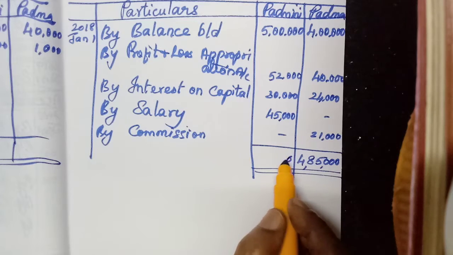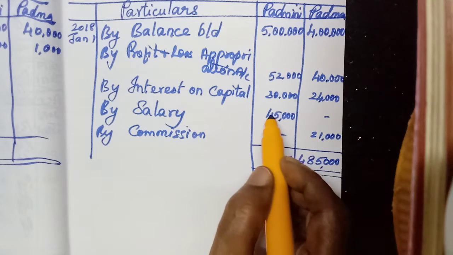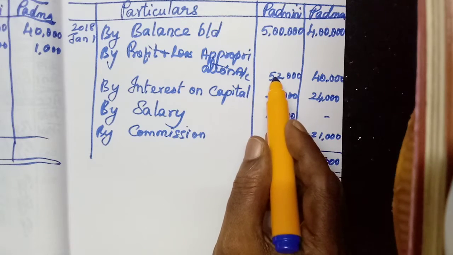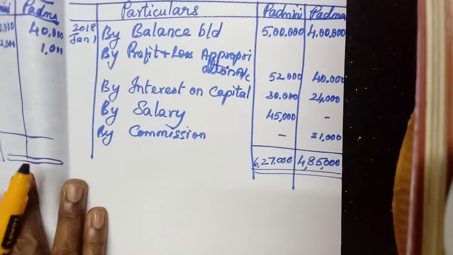Here 0, 0, 0, 5 plus 2, 7. Here 7 plus 5, 12. Balance 1, 6. 6,27,000.